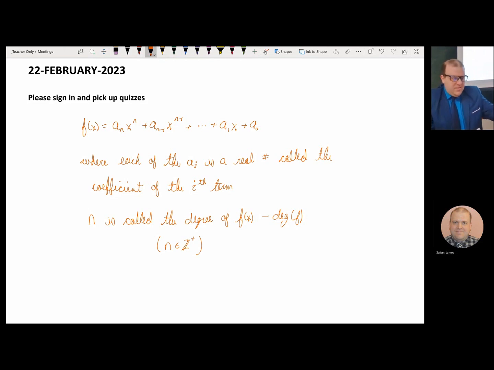I'm sorry, that last bit, n is an element of the positive integers. To be a polynomial, all of the powers have to be integers, positive integers specifically.